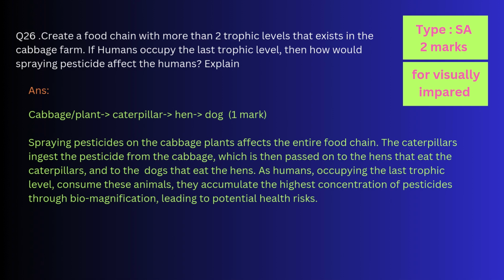The caterpillars ingest these pesticides from cabbage, which is then passed on to the hens, which eat the caterpillars, and then to the dogs, which eat the hens. So as humans occupy the last trophic level, consuming any of these animals, they accumulate the highest concentration of pesticides through biomagnification, leading to potential health hazards.